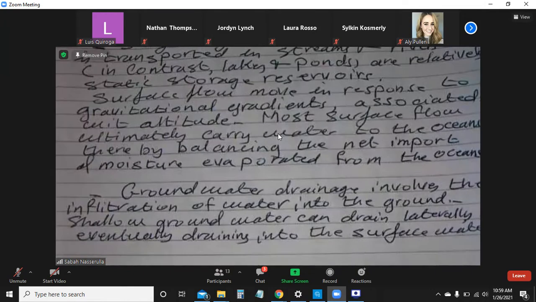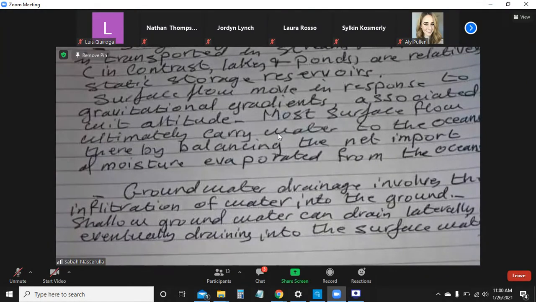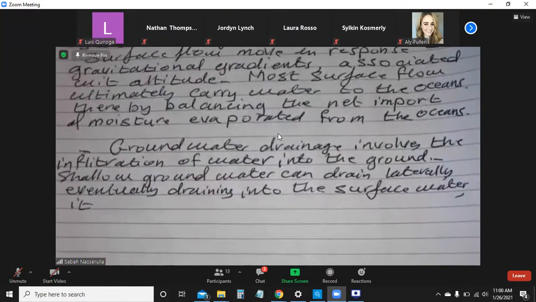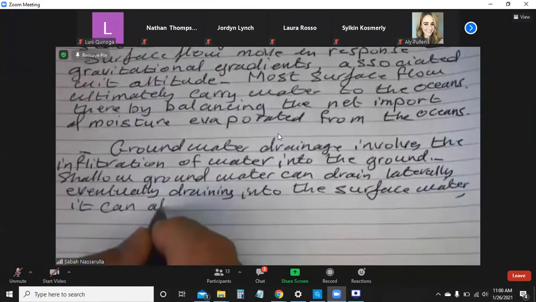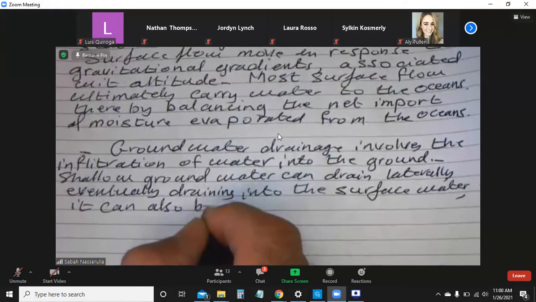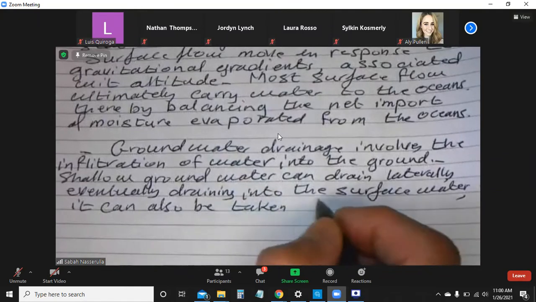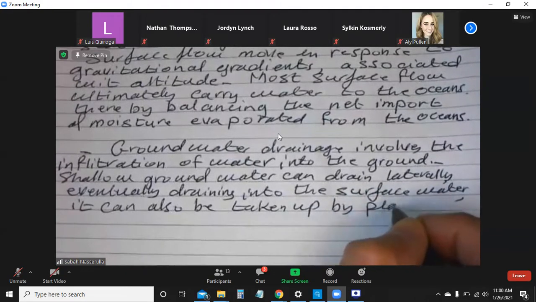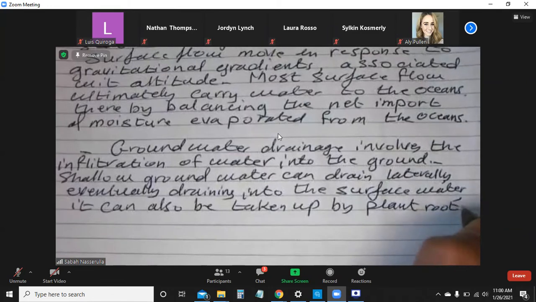Some of the groundwater can also be taken up by plant roots.